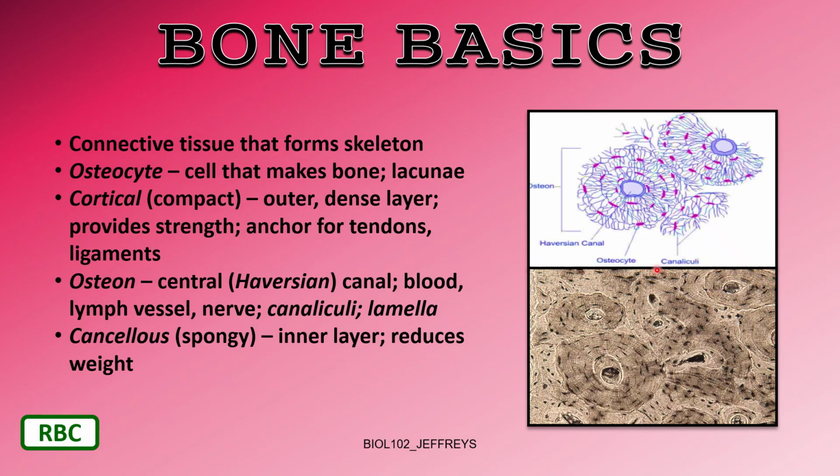We don't see it here because this is an example of compact bone. We call it spongy bone because it looks like a sponge, otherwise known as cancellous, not cancerous. And it's spongy, thereby reducing the weight of the skeleton.